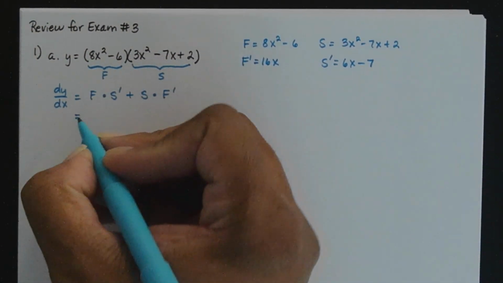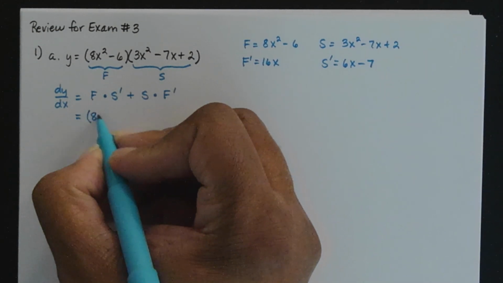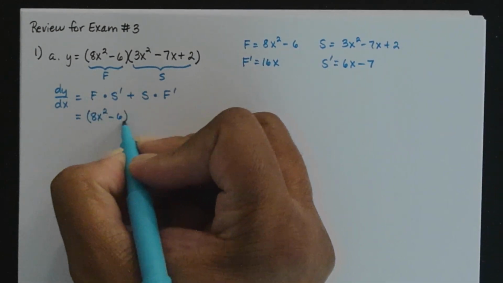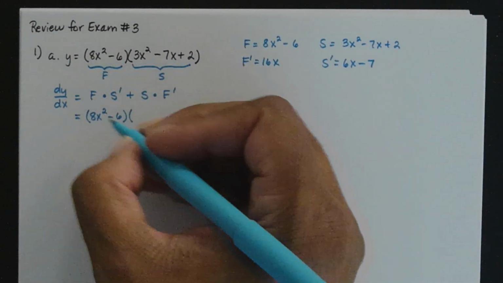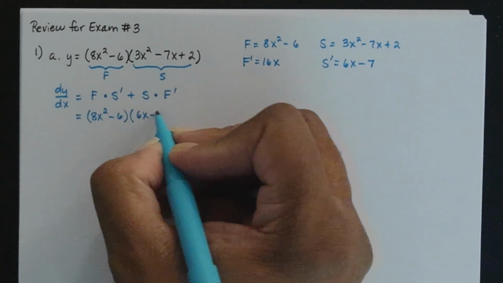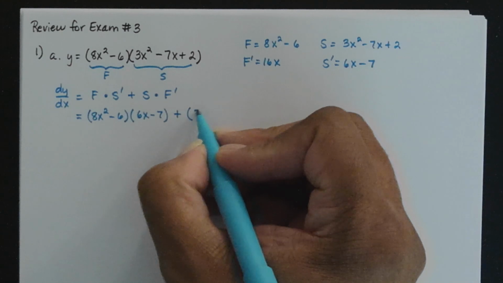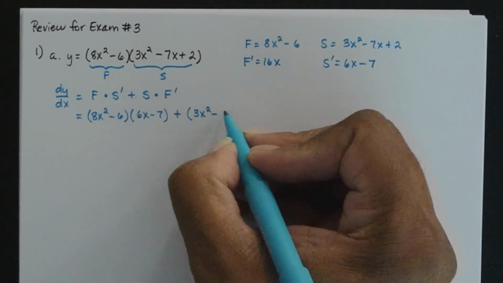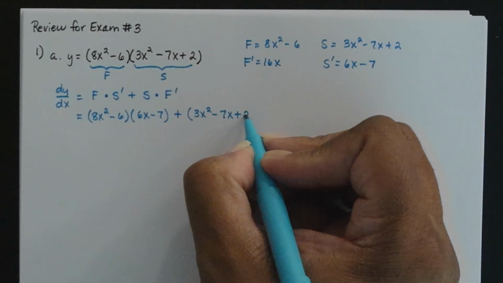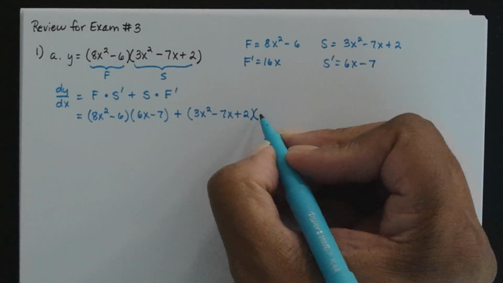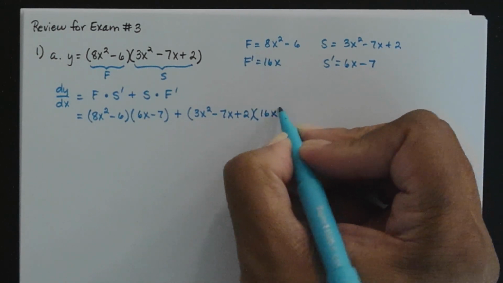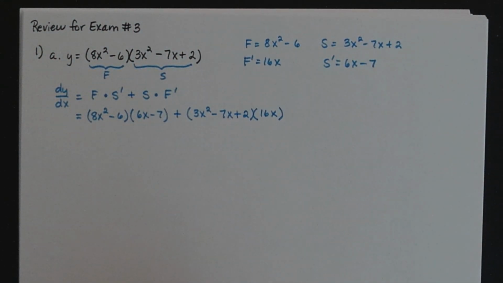And in this case here, the first was the 8x squared minus 6 times the derivative of the second, which was 6x minus 7. And then plus the second, that's the 3x squared minus 7x plus 2 times the derivative of the first, that's 16x. And from here, we just go ahead and simplify all of this.